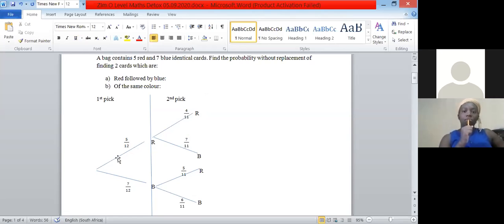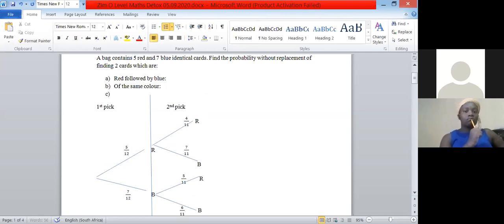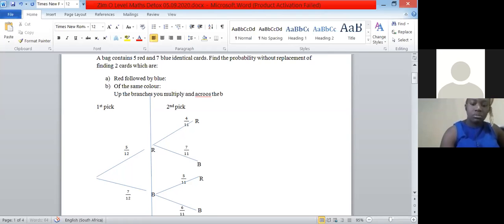And then when you are calculating probabilities, up the branches, you multiply. Up the branches, you multiply. Let me write this fact. So up the branches, you multiply, and across the branches, you add.